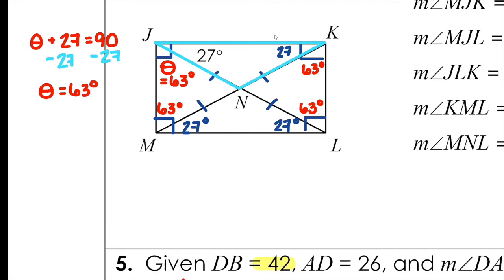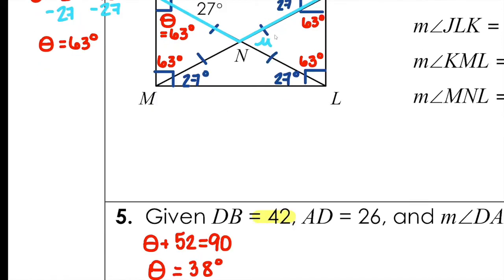What about those interior angles? Can we find those? How? We can find mu by just doing the triangle sum theorem.